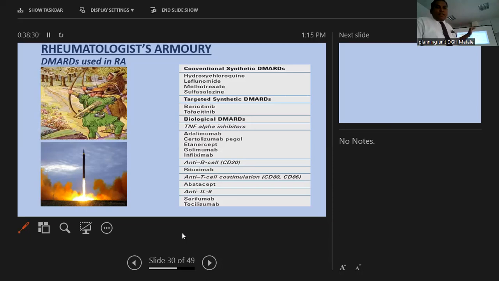And the newer targeted synthetic DMARDs, that is baricitinib, tofacitinib, and the biological DMARDs, TNF alpha inhibitors, B cell CD20 inhibitors, rituximab, and IL-6 inhibitors. Those are tocilizumab and sarilumab. And also abatacept, which is a T cell co-stimulation blocker, and that is not available in the Sri Lankan setting.